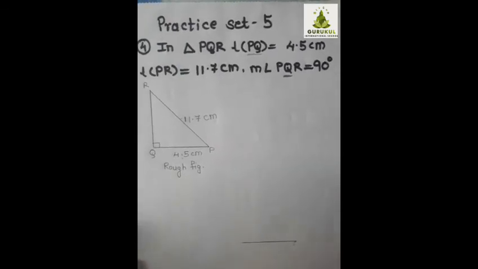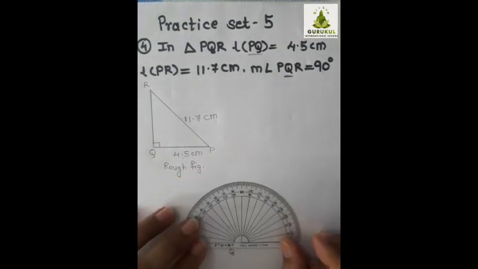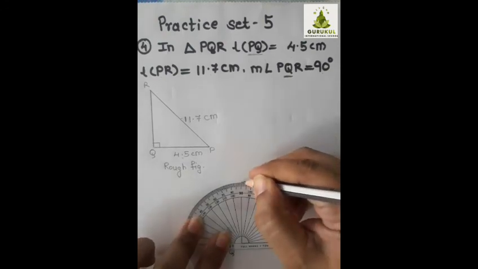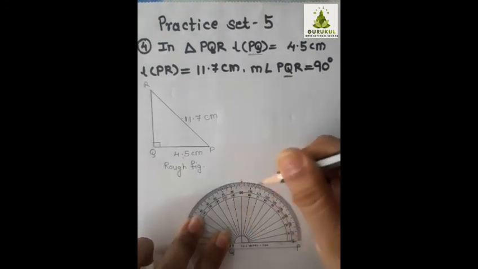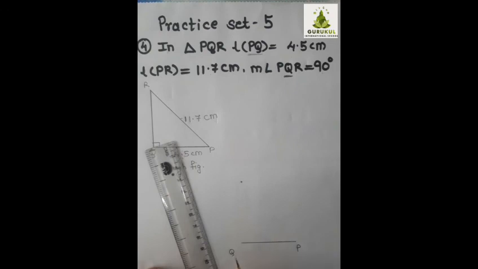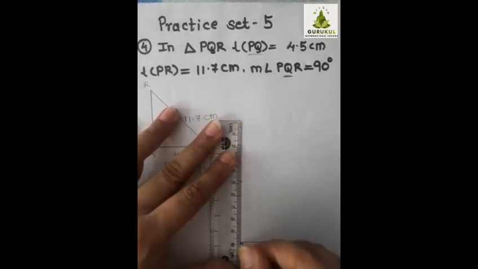So this is Q, this is P. Now we have to locate the exact 90 degrees angle at Q. So place the protractor and wherever the 90 degrees mark is, you have to make one point, right? Remove the protractor and join point Q and this point with the scale.